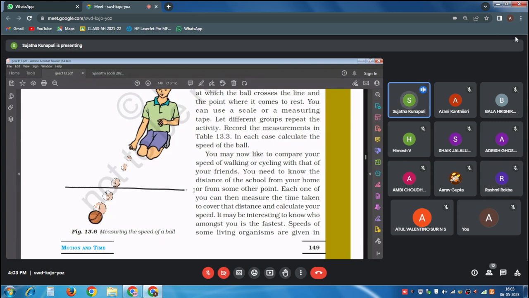In the same way, if you are throwing the ball with light pressure, just trying to roll it, then the ball will travel. What will happen? How much distance will it travel?